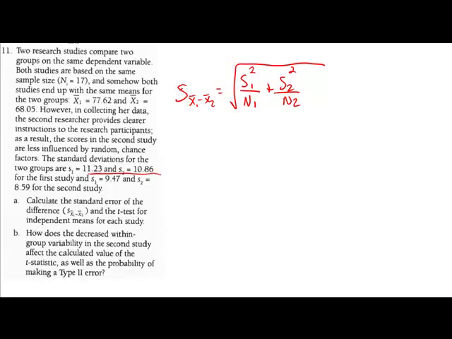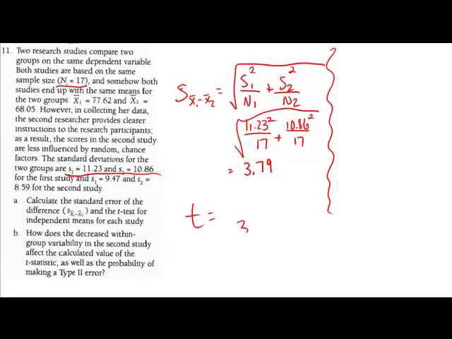So here S1 is 11.23 divided by, my n is 17. Don't forget the squares. I'm going to go ahead and just calculate this out. 0.79.